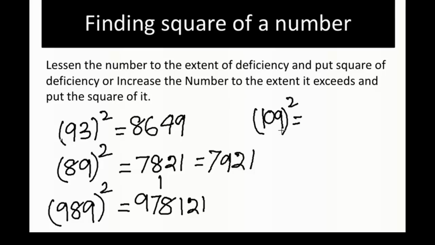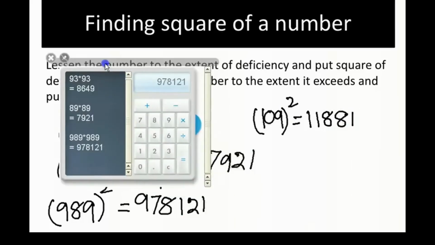So again, lessen the number by the deficiency. 93 minus 7 comes to 86, and then put the square of the deficiency. Deficiency is 7. Put the square of it, that is 49, 7 square is 49. That's all is the answer. Let's check with the calculator. 93 into 93 is 8649. That's the answer.